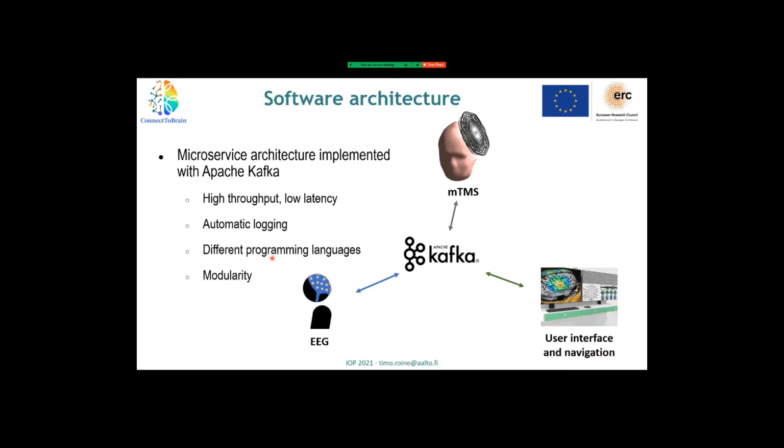In addition, this kind of microservice architecture enables us to use different programming languages. So different modules in this system can be programmed using different languages. For example, some algorithms can be in MATLAB and some in Python and so on.